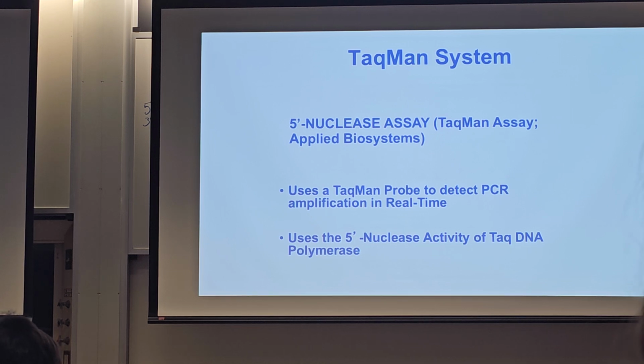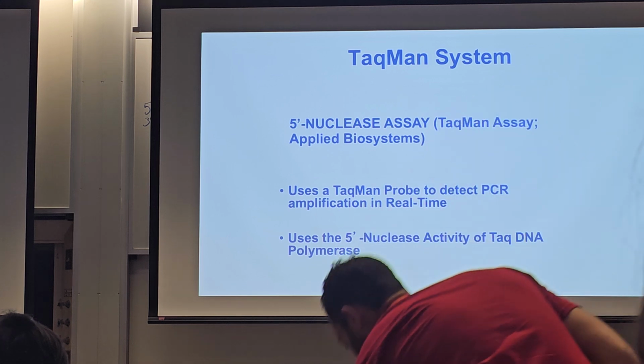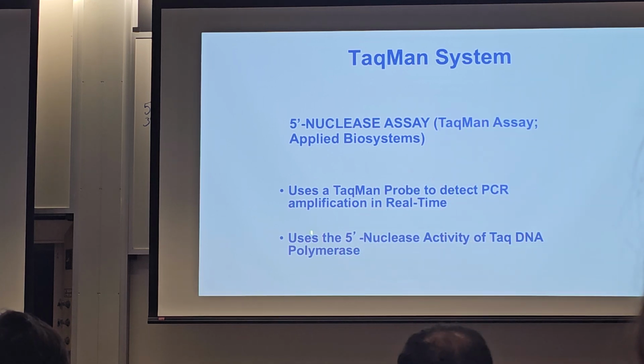So Taq polymerase synthesizes 5' to 3', but it also has a 5' to 3' nuclease activity. And I'm going to show you that in the next slide. And this 5' nuclease activity is important to the way that the TaqMan system works.